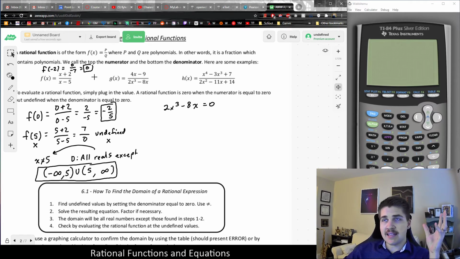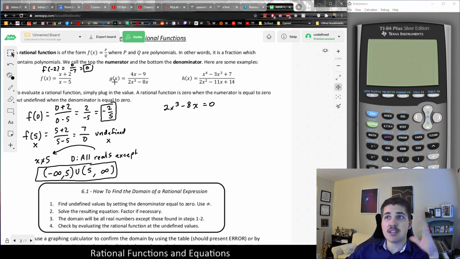So when you're trying to find the domain, you only care about the denominator, because that's the only problem area. But in this case, we can see that it's a degree 3 polynomial, which implies that there's probably more than one undefined value.